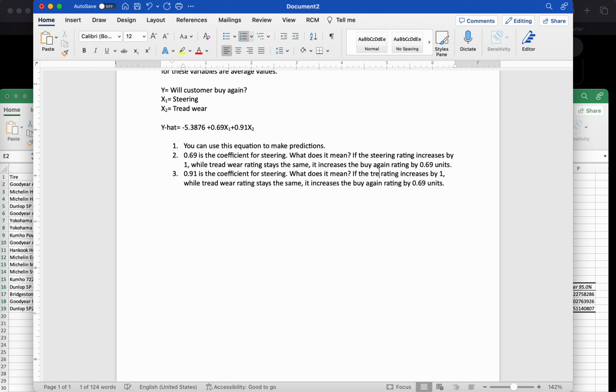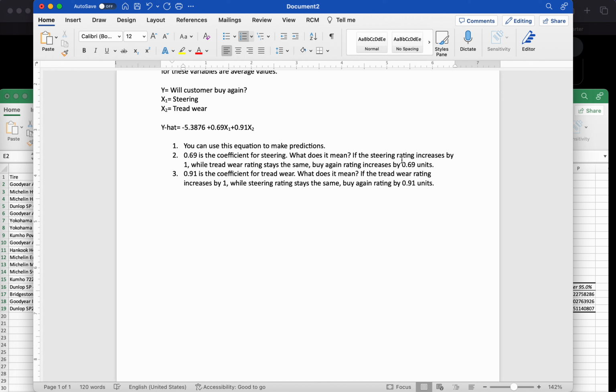So if the tread wear rating increases by 1, while the steering rating stays the same, the buy again rating increases by 0.91 units. So what it means is that if you're able to get better tread wear on your tire, it is more likely to have your customers buy it again, right?